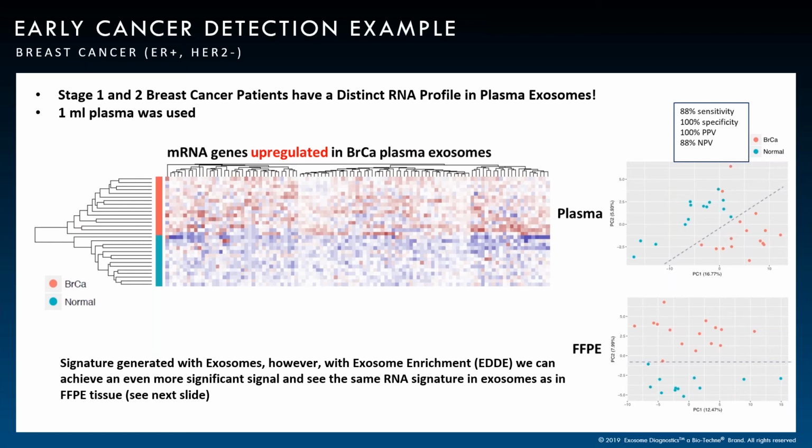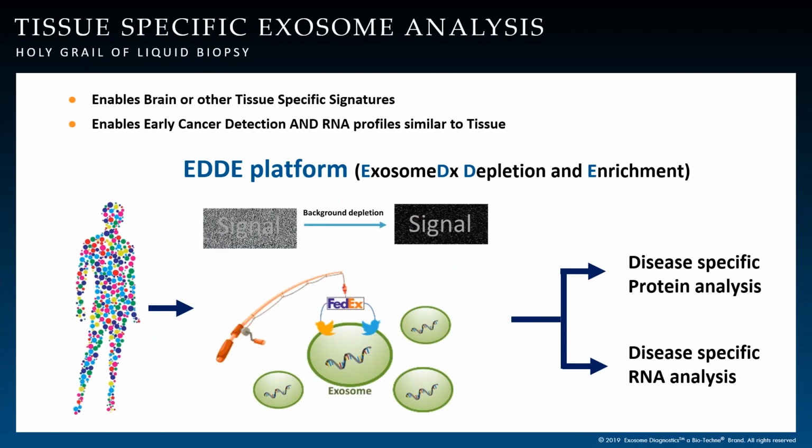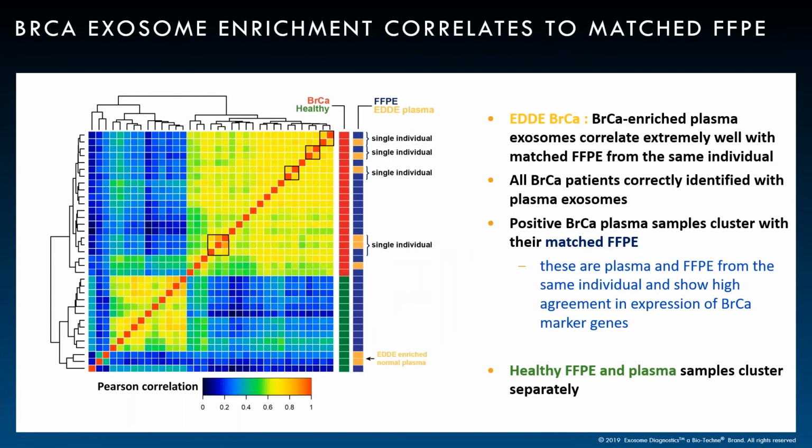In some instances, you want to instead enrich and only look at what changes happen inside the tumor. So that's where the EDDI platform comes in, where you fish out the cancer-specific exosomes using specific markers overexpressed on that particular cancer. That enables you to pull the signal out of the noise, basically, and see the RNA signatures and the protein signatures that are coming from the tumor. This is a very fascinating plot that shows you what happened when we pulled out the tumor-specific exosomes.